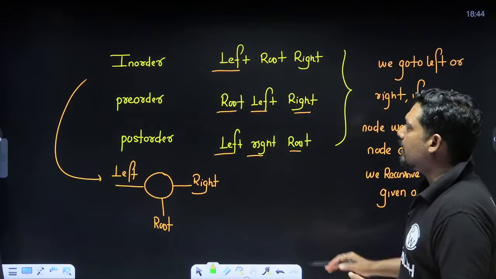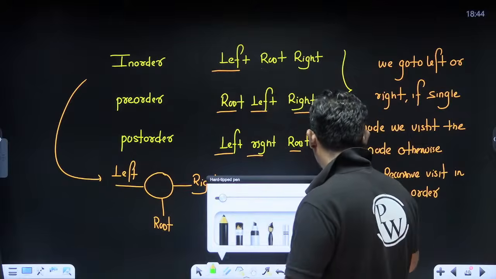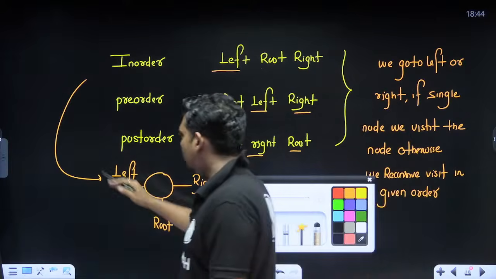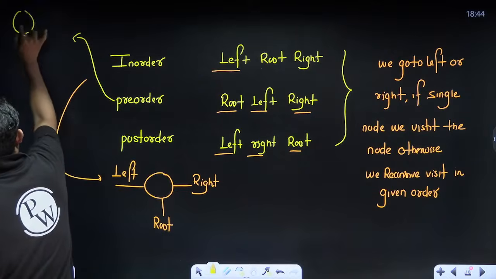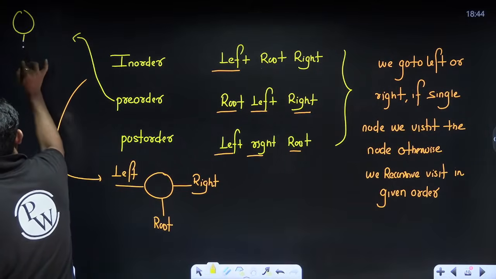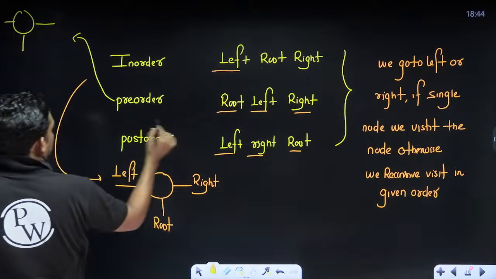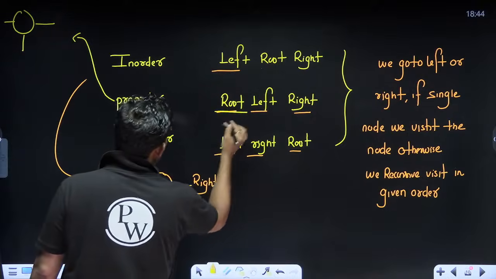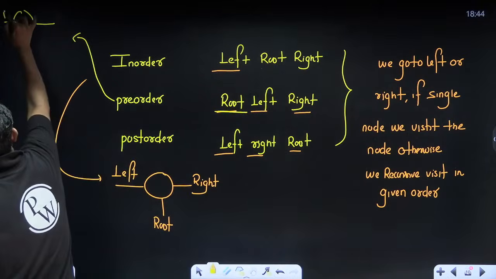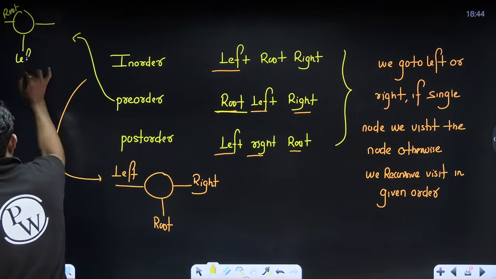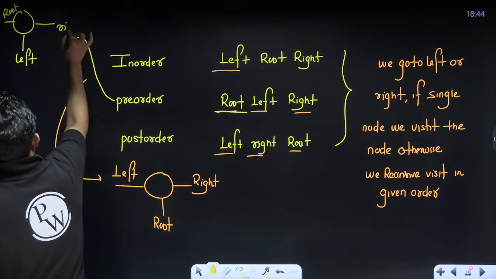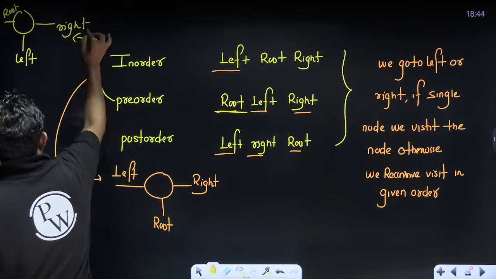Now coming to the preorder. Again three lines for a node. Let me write here, this line, and this line. The first line is for the root, this is for the left, and this is for the right. Root, left and right.